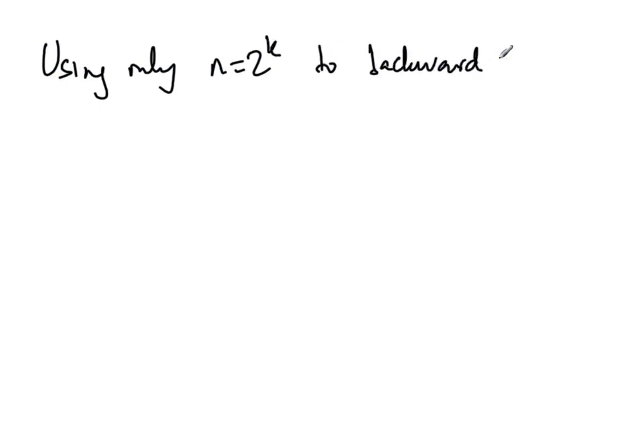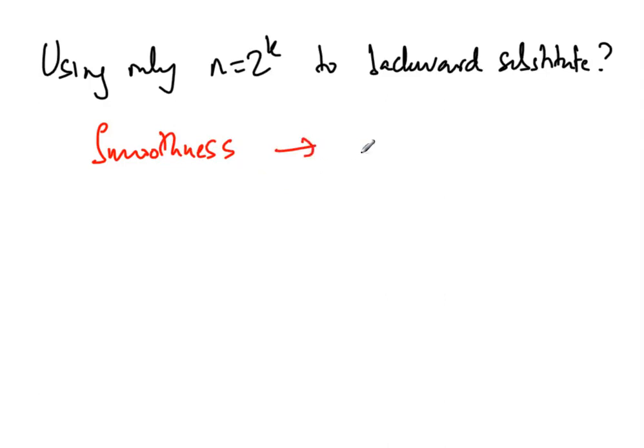So what about all the other n? There is something which we will not explain formally, but there is some kind of smoothness theorem for recurrences, which says that the result holds for all n.